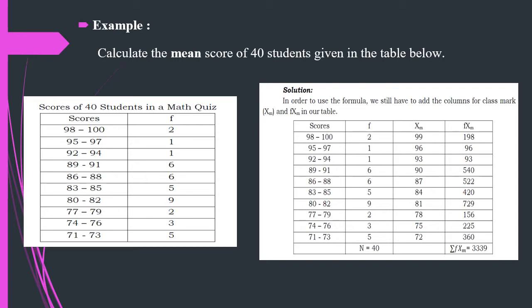For example, calculate the mean score of 40 students given the table below. This is the frequency distribution table, and these are the scores of the students. Here, we have n equals 40, and the summation of fxm equals 3,339.